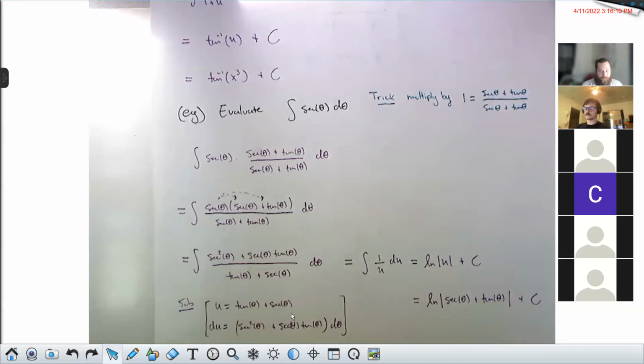And this is definitely one you want to add to your memory banks. This is not a procedure you want to have to go through every time you bump into the integral of secant theta.